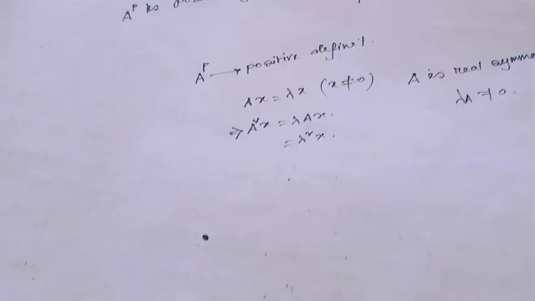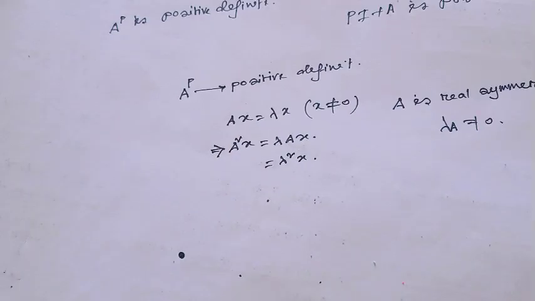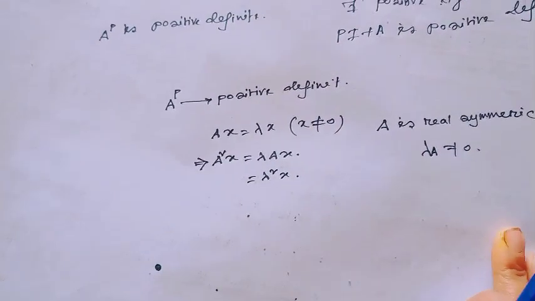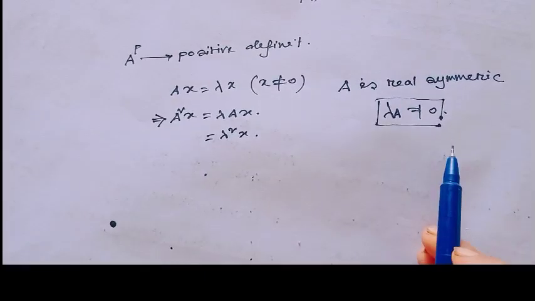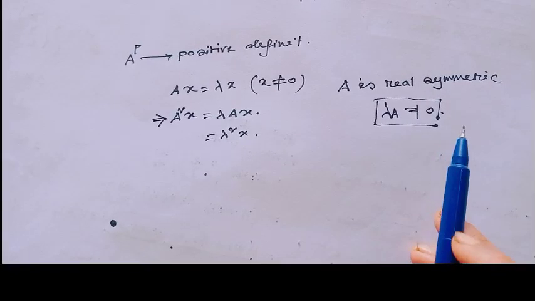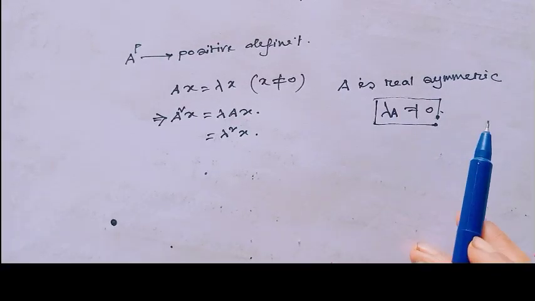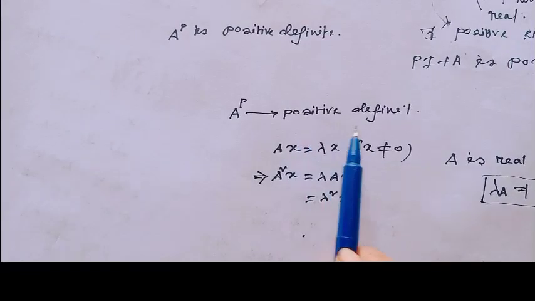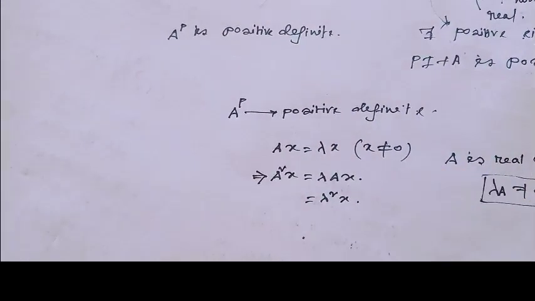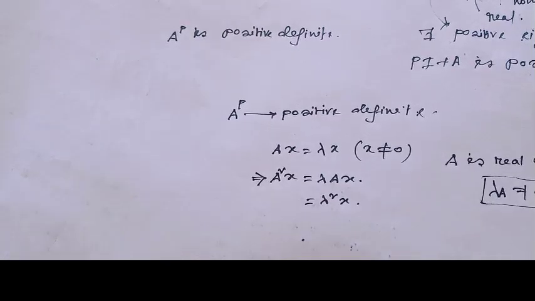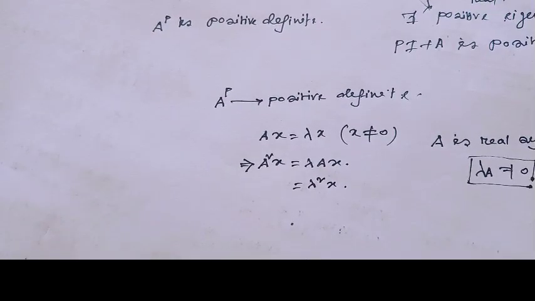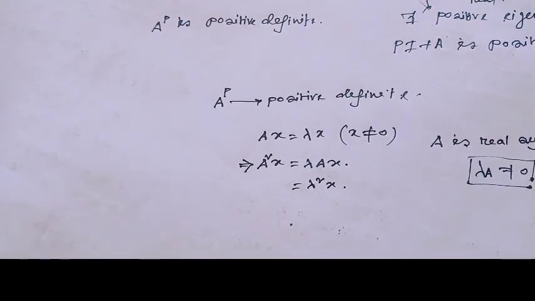Option 2: A to the power P is positive definite. Is it true? Since A is a real symmetric matrix, which is non-zero, because given A is a real symmetric non-singular matrix, we have to prove whether A to the power P is positive definite. For this, consider Ax equal to lambda x, and this is true for non-zero x.